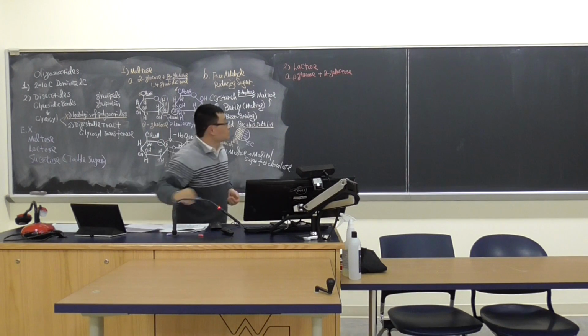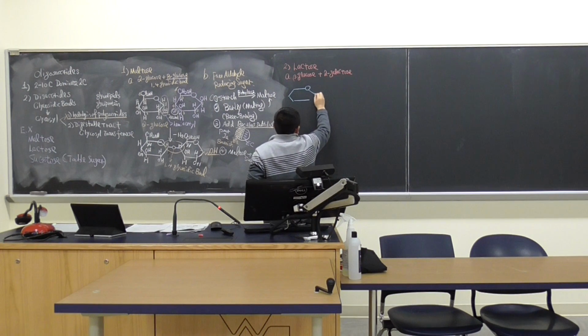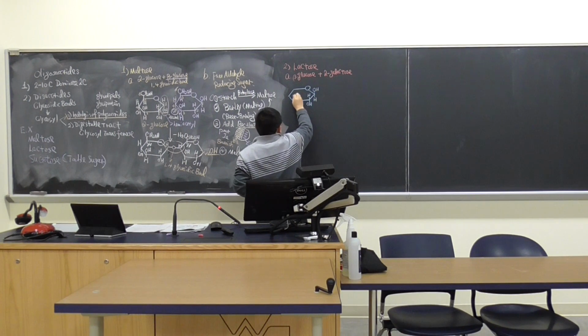So what does it look like? We want to draw this. Okay, you can understand very well. So if it's beta, we go up, go down, and go here, which is H, OH, OH, H. So we go OH, H, H, CH2OH.